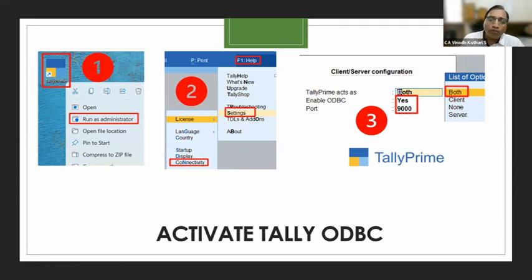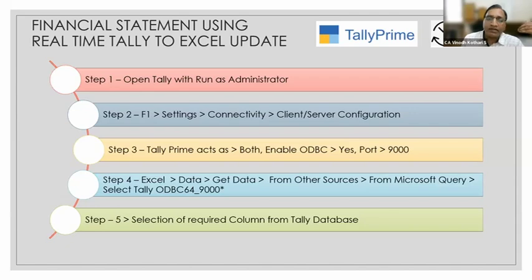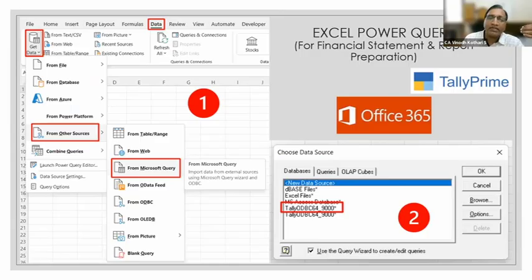If you don't open the Tally using Run as Administrator, then these two things, Tally ODBC, will not be visible in your Excel. Once again, open your Tally using Run as Administrator, then only ODBC will be activated for your Excel.